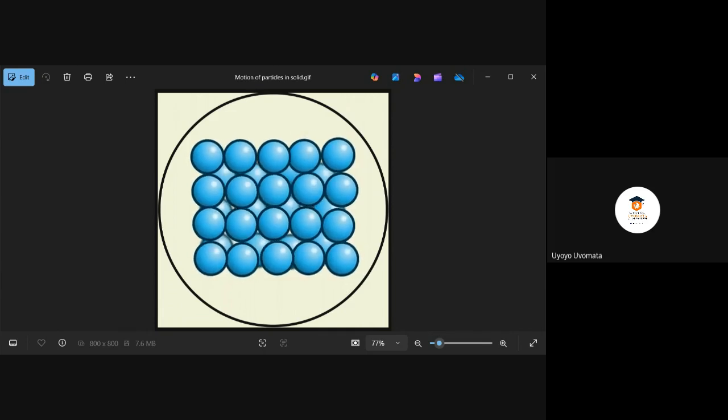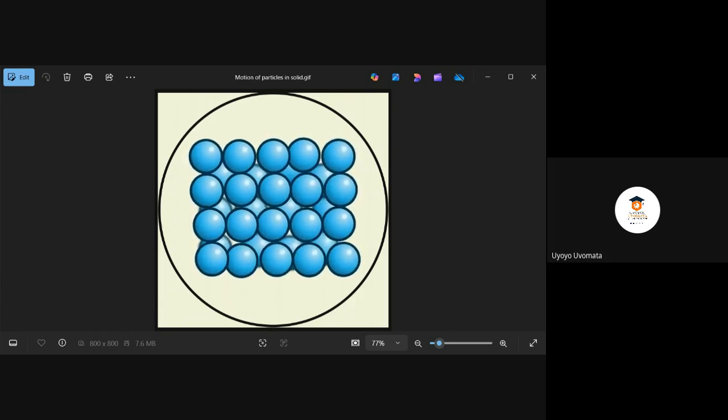This is how the particles in solids exercise motion. The best form of motion they can get is called vibrational motion. They just vibrate about their fixed position. They cannot move from one location to another. Take note, we are talking about the particles here, not the entire substance.